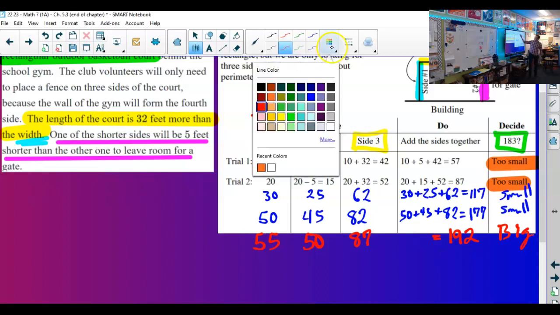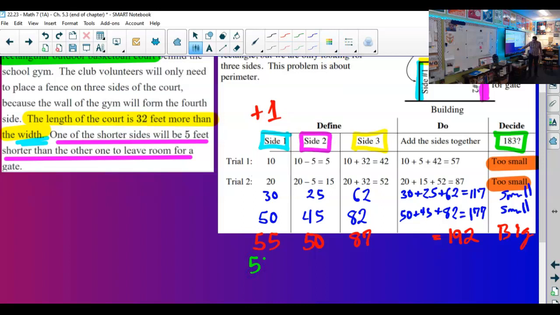52? All right, let's try 52. 52 minus 5 is 47. 52 plus 32, let's check that. 80 and 2 plus 2 is 4, so 84. The total is 183.